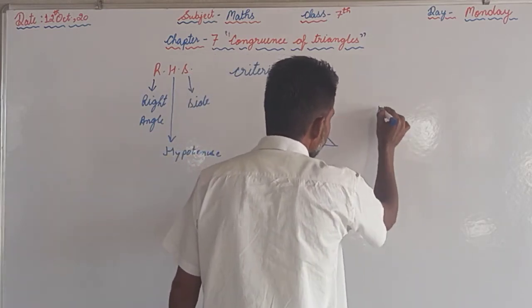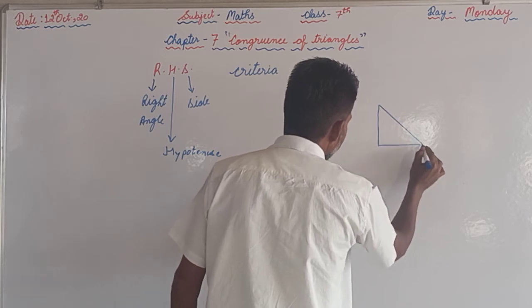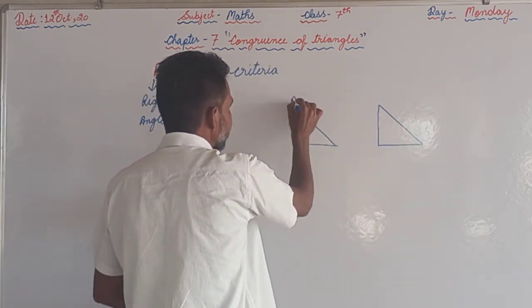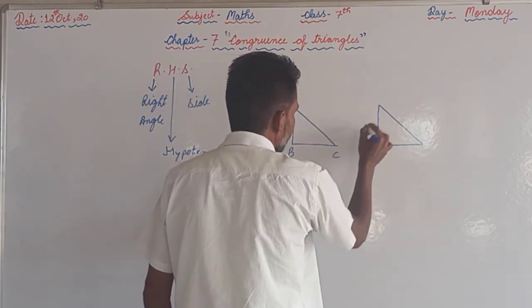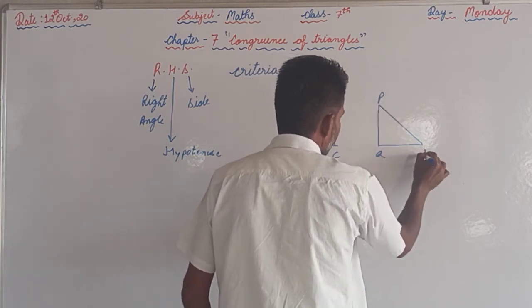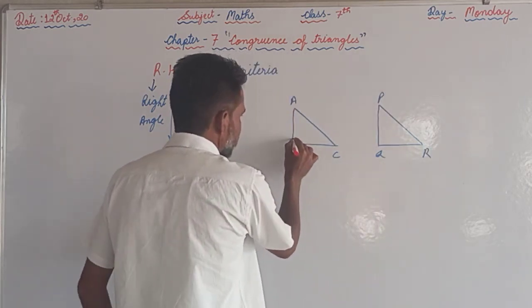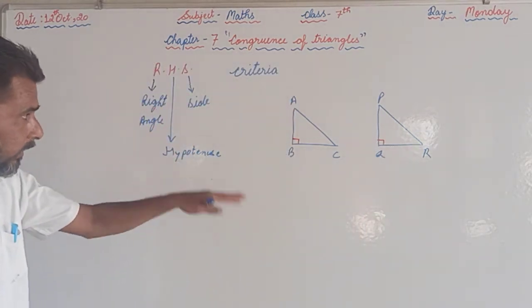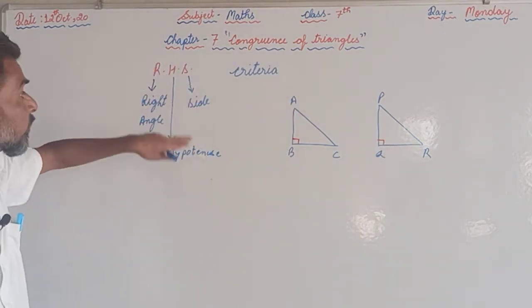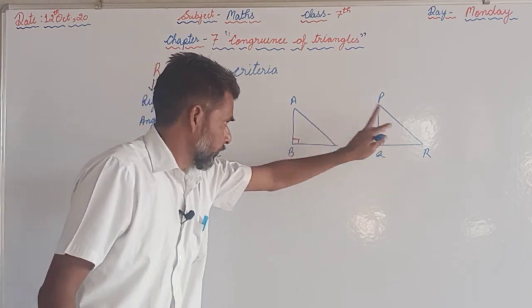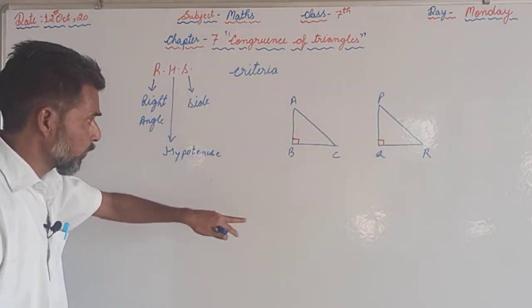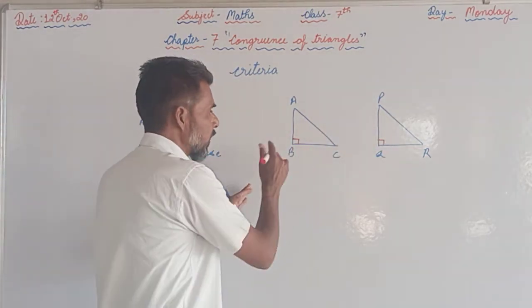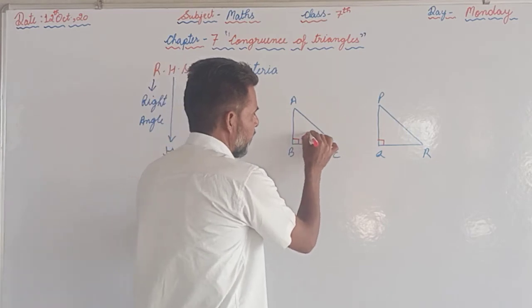So here we will consider the right angle triangle. Right angle triangle means a triangle in which one angle is of 90 degrees. These two are right angle triangles, meaning 90 degrees. If right angle triangles are there, only in that case we can use RHS. Now H for the hypotenuse means the side just opposite to the 90 degree angle, this side.